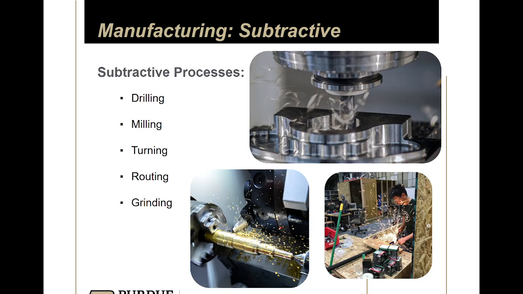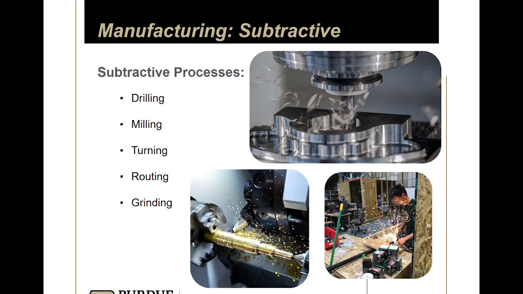Grinding is also a subtractive process. That's something that I forget about sometimes. But a lot of these processes are great. They're really nice and precise when you have a nice rigid machine, but those machines are typically really expensive. A milling machine can be thousands of dollars to north of millions of dollars.